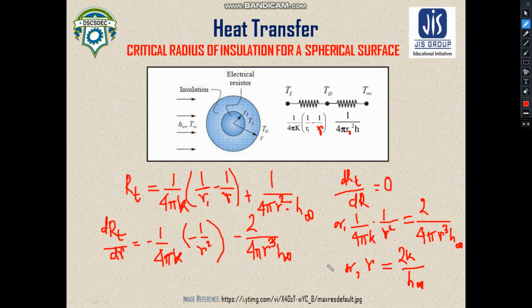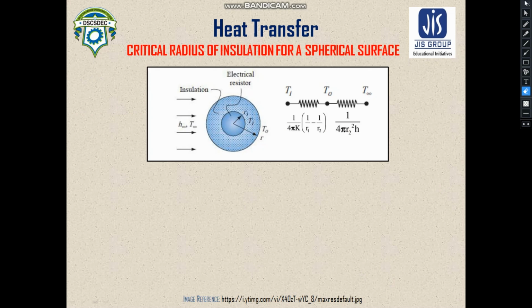Okay, so you can do a second order derivative again and you can find the same result. So you don't need to do that step here. You have already understood the mechanisms and the applications of this critical radius of insulation, how this concept can be used, and what is the importance of finding the critical radius of insulation.